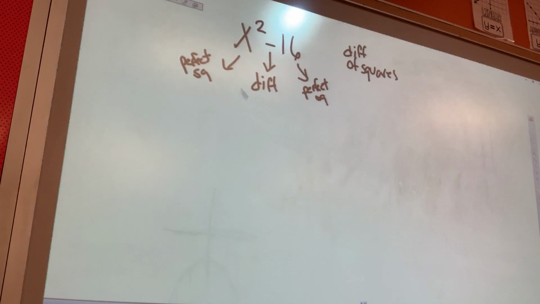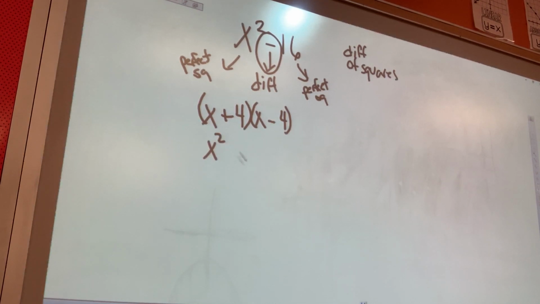When I see that, I know, oh, what's the perfect square of x squared? Well, it's x. What's the perfect square of 16? It is 4. So when I see this, this is my driver. I know one's going to be plus, one's going to be minus, because when I FOIL that out, I get x squared plus 4x minus 4x minus 16, and those cancel out, and I'm left with x squared minus 16.